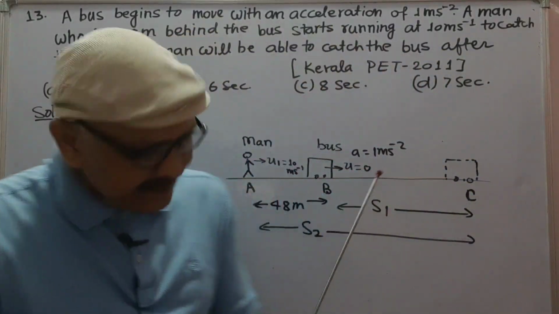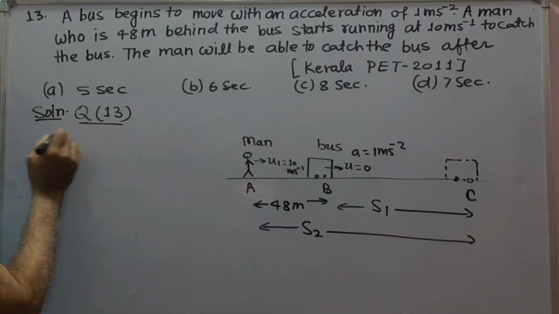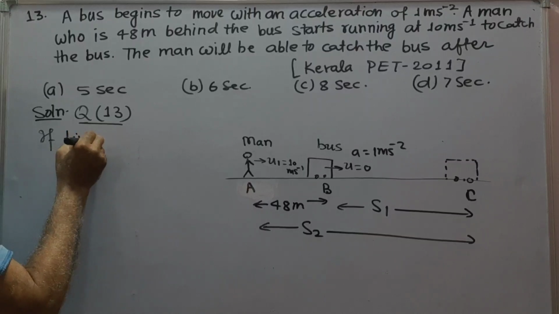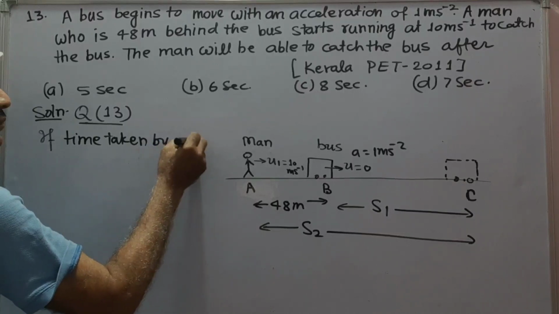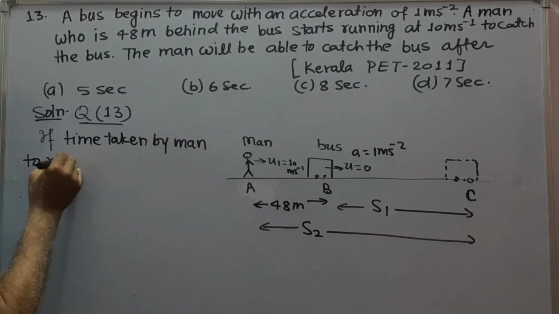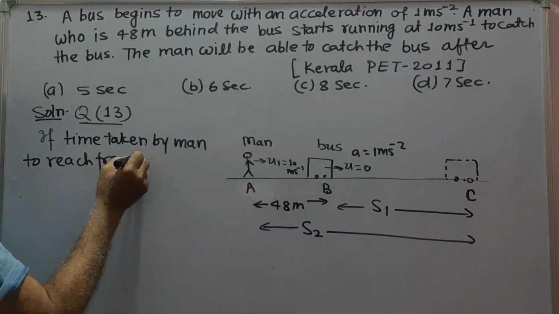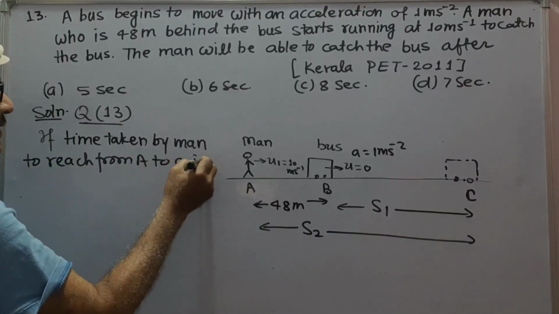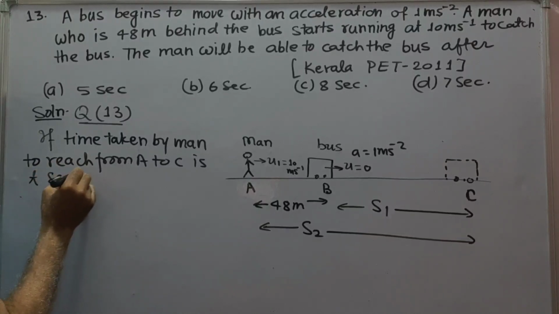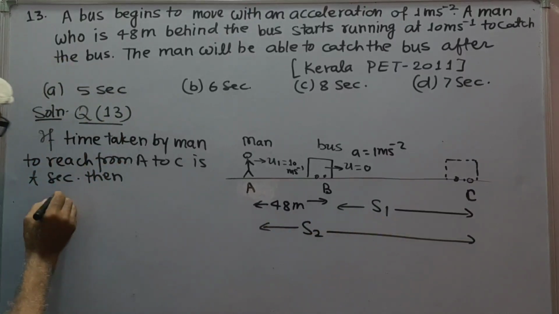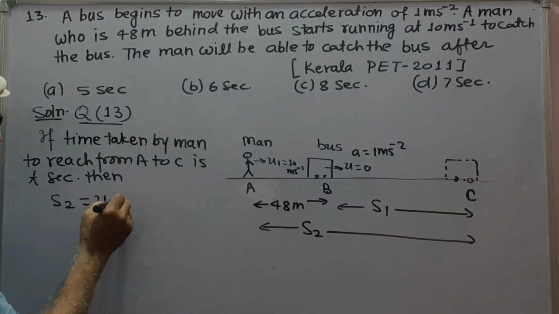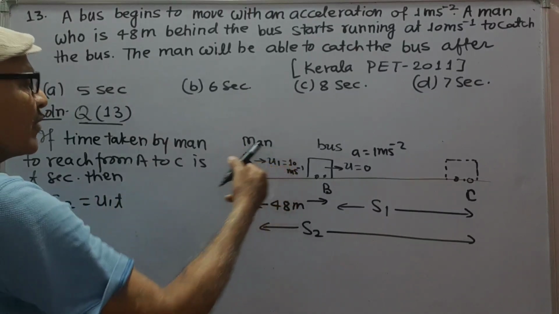Therefore, if time taken by man to reach from A to C is t second, then total distance S2 will be equal to u1 into t, because velocity u1 is constant.